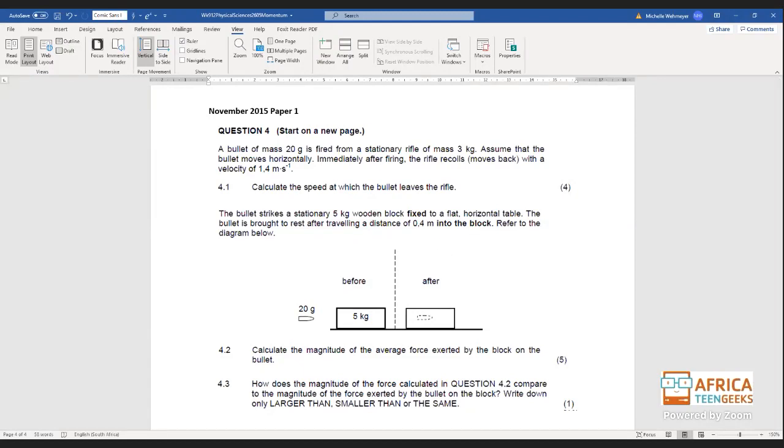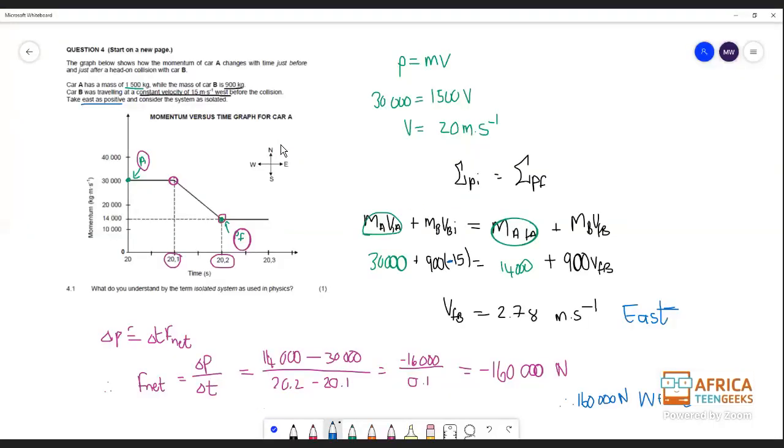So okay, we are going to take momentum before is equal to momentum after.